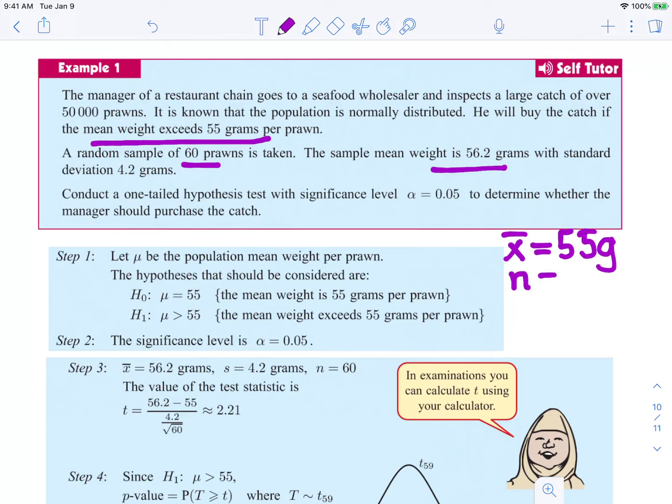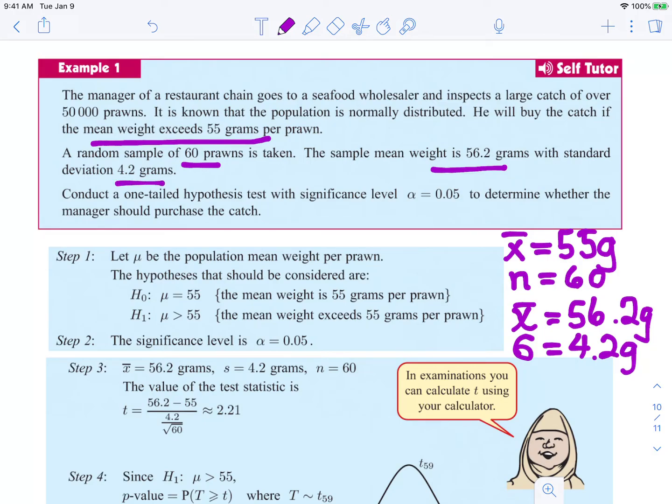So there was a total of 60 prawns, and that sample mean was 56.2 grams, and a standard deviation of the sample to be 4.2 grams. And we want to conduct a one-tailed hypothesis test with the significance level of 5%. Determine whether the manager should purchase the catch.